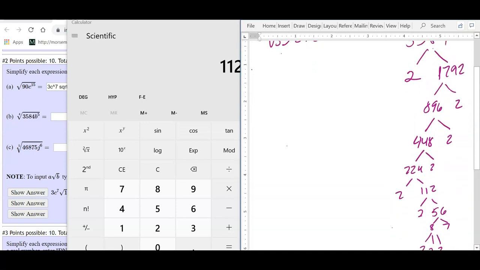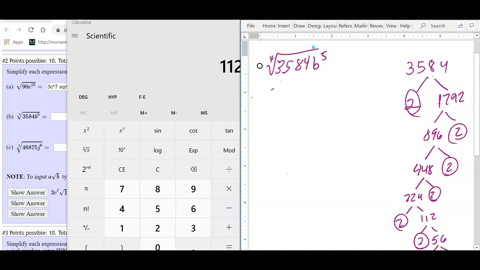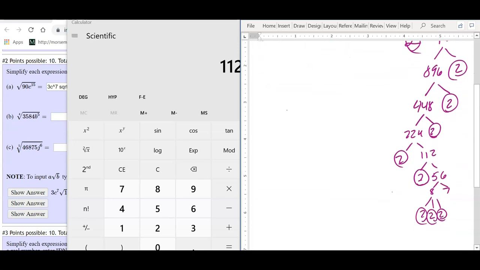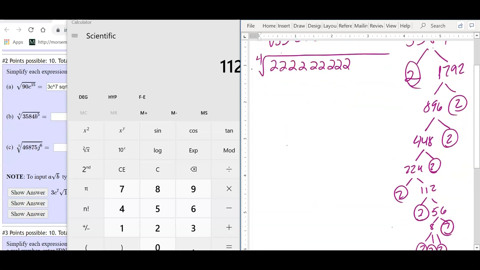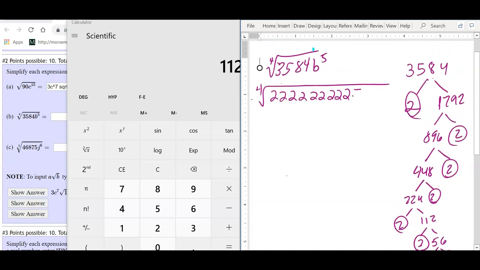So if I count this up, I have 1, 2, 3, 4, 5, 6, 7, 8, 9 2s. And then I also have a 7. And I have 5 B's.